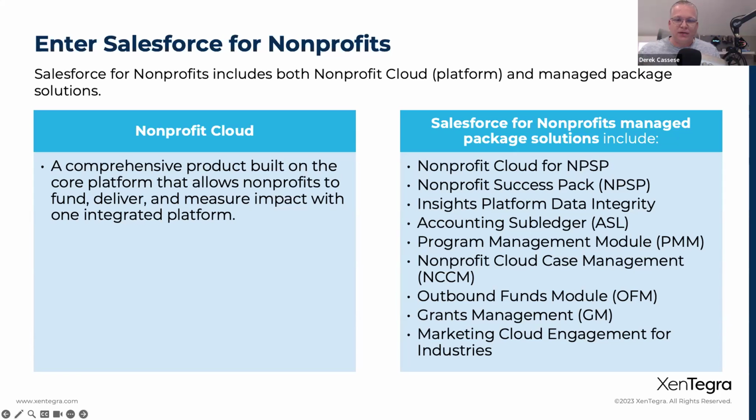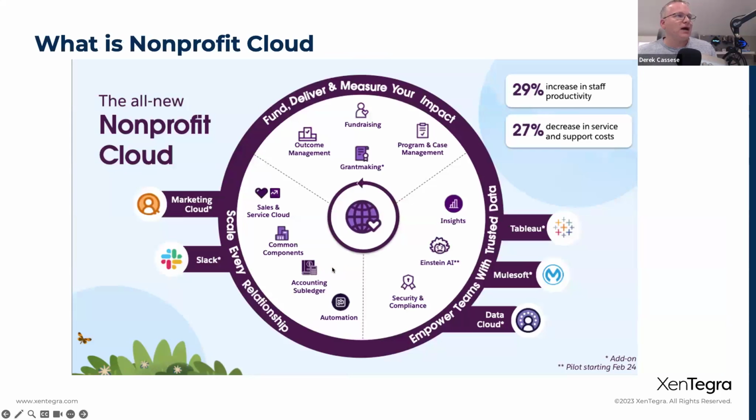And so when we look at the Nonprofit Cloud that's built on core, now you start seeing AI capabilities. You start seeing Slack integrations. You see all the other pieces that create that ecosystem are now available, whereas they weren't before.